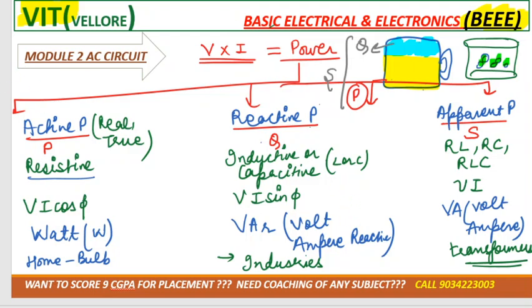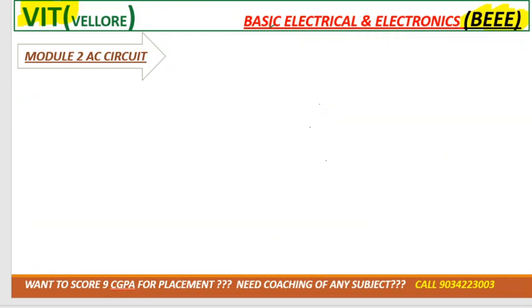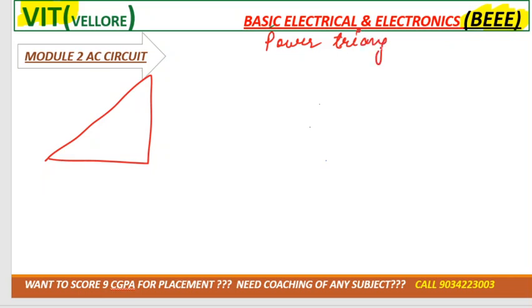Now after this, as I told you, we need to multiply voltage with the current. So the next triangle is the power triangle, right? In the power triangle, on the base, which power is consumed by a resistive load? Tell me. P. And which power is consumed by inductive and capacitive loads?